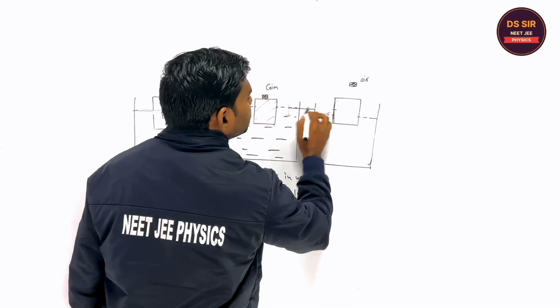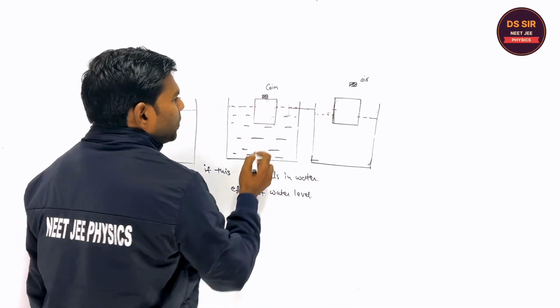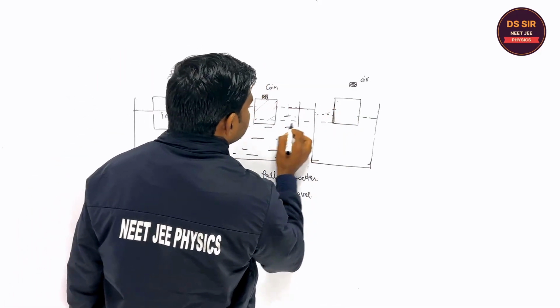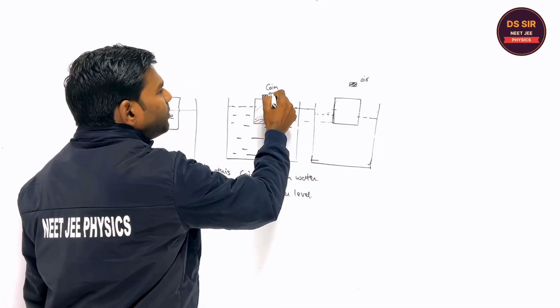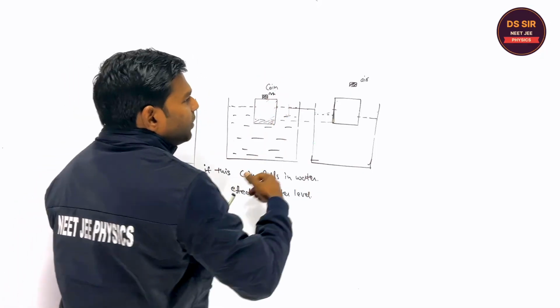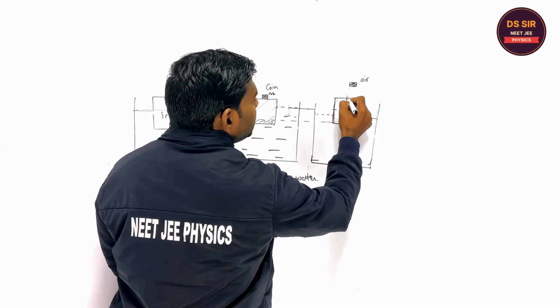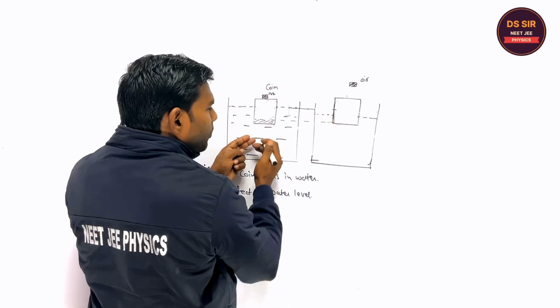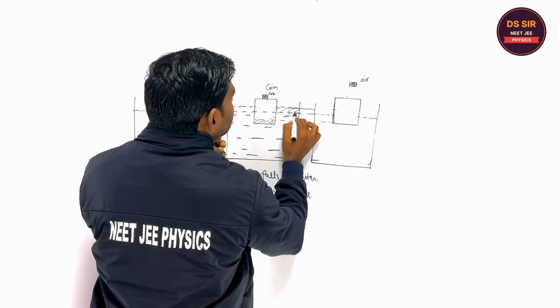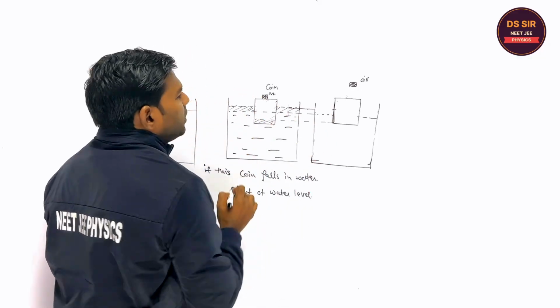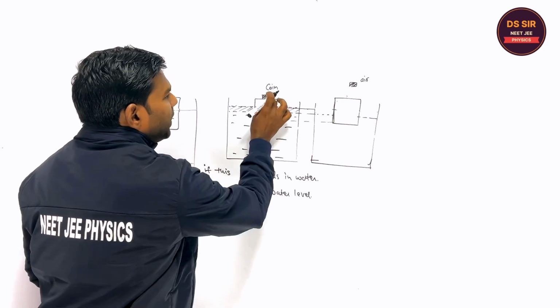Tell me why. Because this is the portion. When this mass m is placed over this, it will move up, right? And this is the volume of the water displaced by this coin.